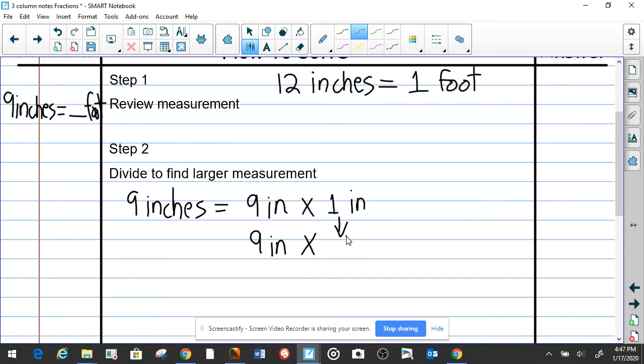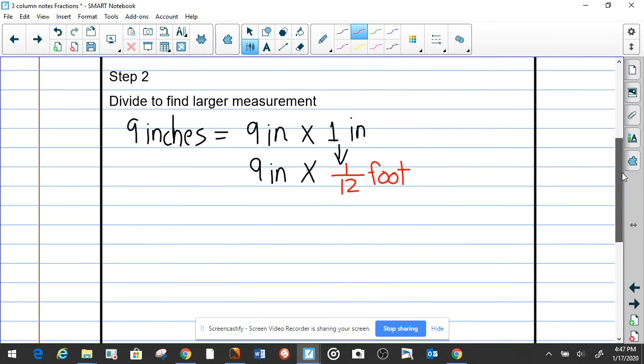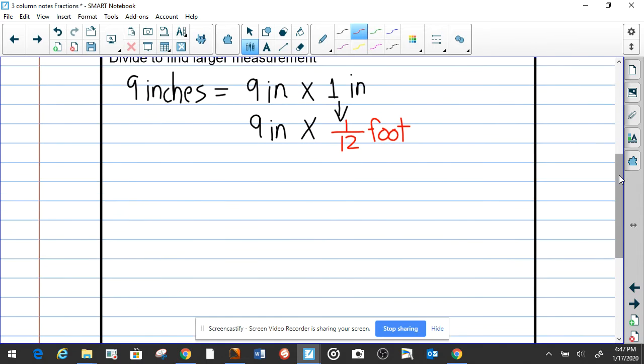So now this is 1/12 of a foot. Did you see that? That was the conversion right there. Now that sets up our multiplication of a whole number and a fraction. So now all we got to do is give the whole number a 1, and we multiplied across.